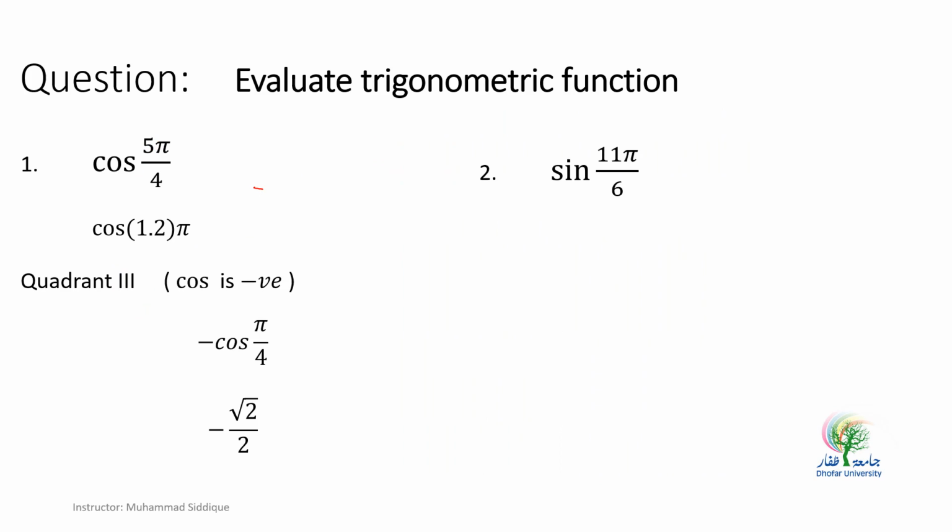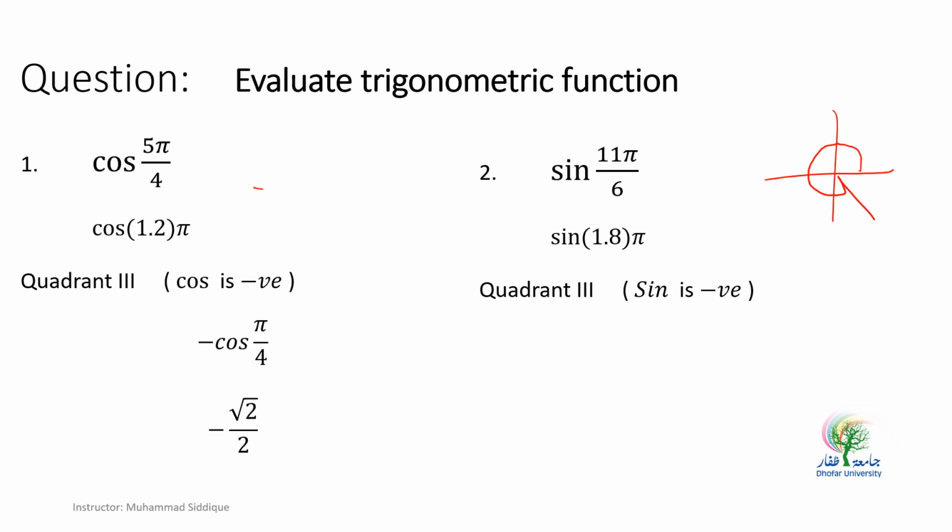Sine of 11 pi by 6. First we have to find the quadrant. 11 by 6 is about 1.8, so it is quadrant 4, not 3. By mistake I wrote quadrant 3, but it's quadrant 4.